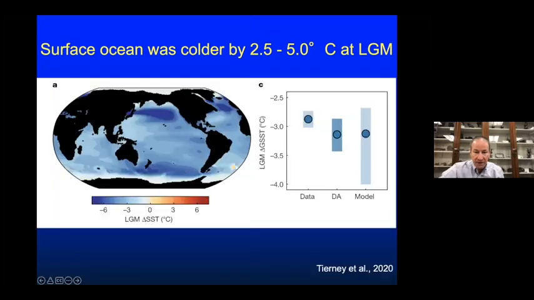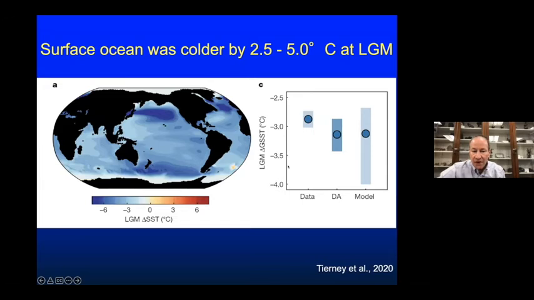A very nice recent summary by Jess Tierney and her colleagues from the University of Arizona focused on the ocean here and showed that it cooled almost everywhere, but there were special regions of relatively high latitudes where the temperature changed.